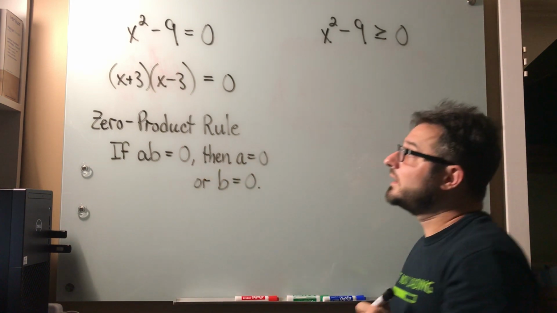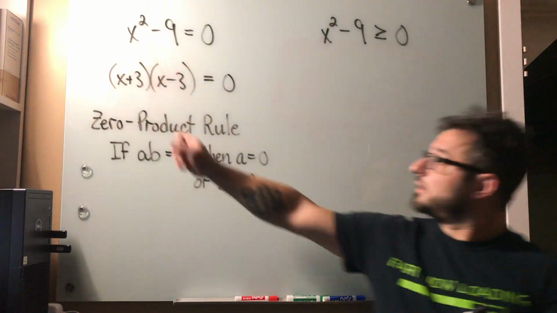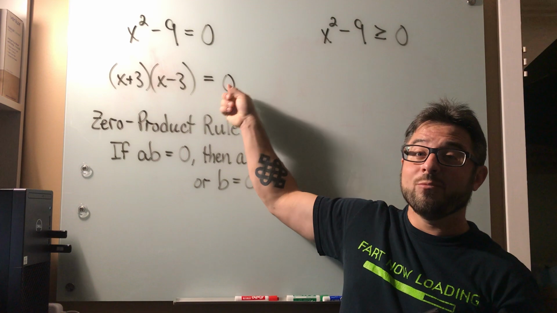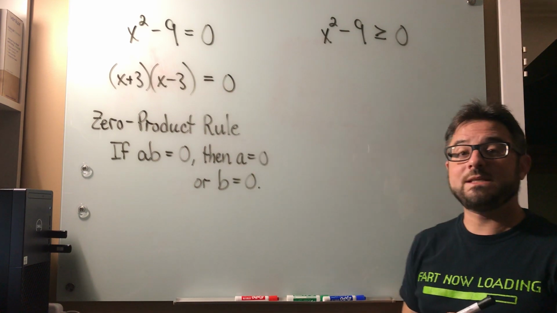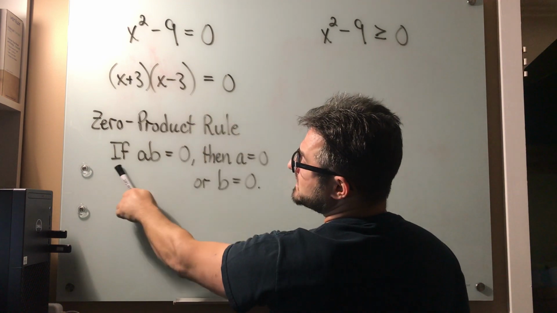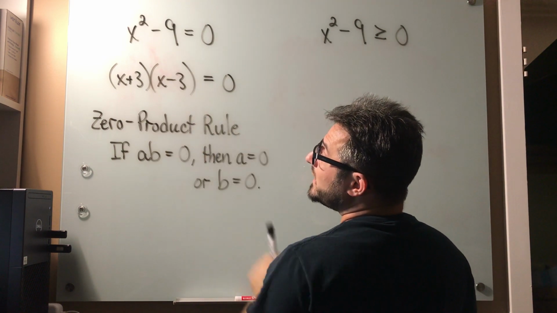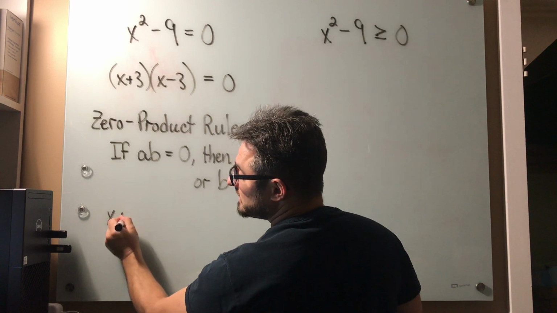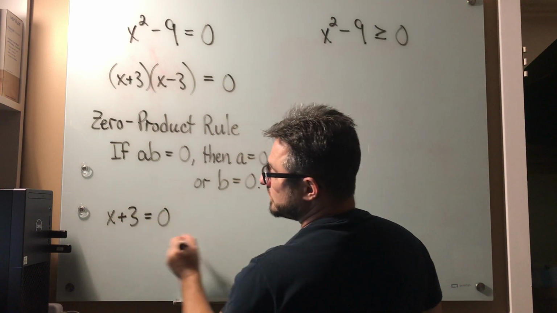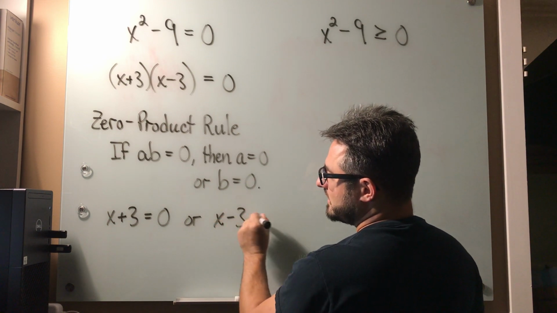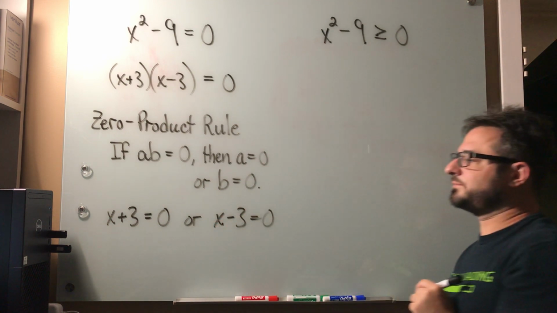Simply put, if the product of two or more things is 0, one of the things had to be 0. So if we have this statement which matches the premise, we can then move to the conclusion statement that says either the first factor must have been equal to 0 or the second factor must have been equal to 0.